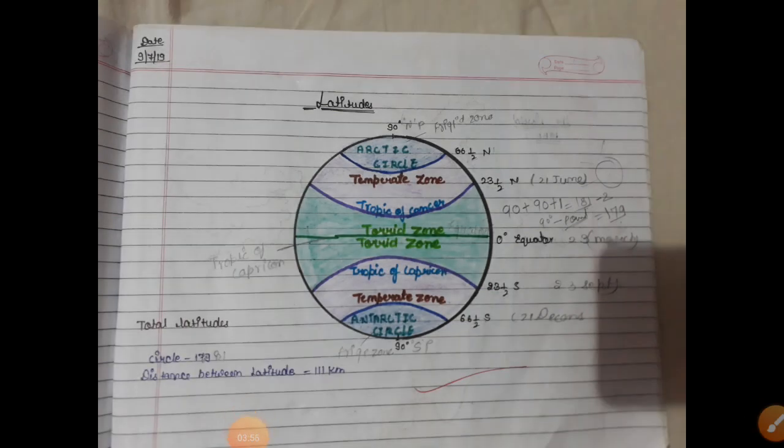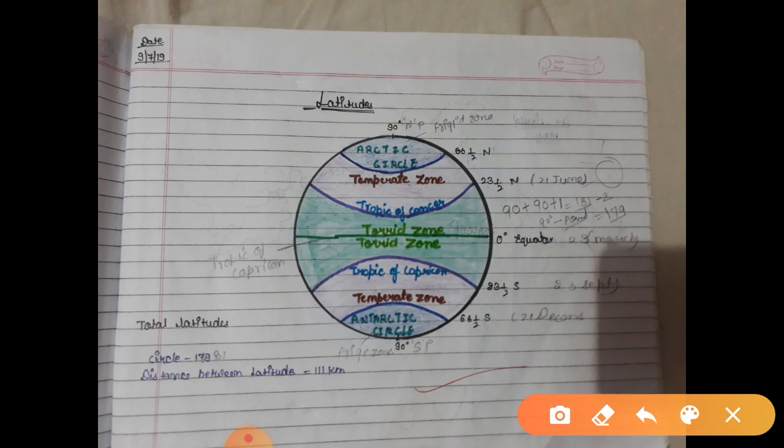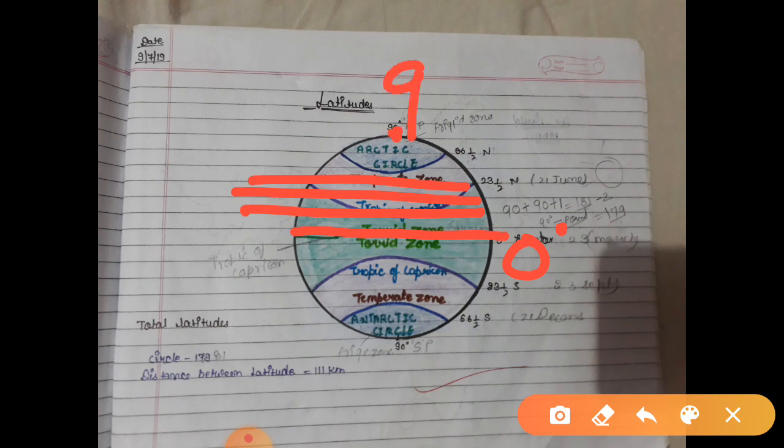Latitudes. See, as I told you, this is the equator, the longest, and it is 0 degree. Then we have lines like this: 1 degree, 2 degree, 3 degree, 4 degree, 5 degree, and so on. And at the top, it is 90 degree. In the same way, in the southern hemisphere, we have 1 degree, 2 degree, 3 degree, 4 degree, 5 degree, and here we have 90 degree.